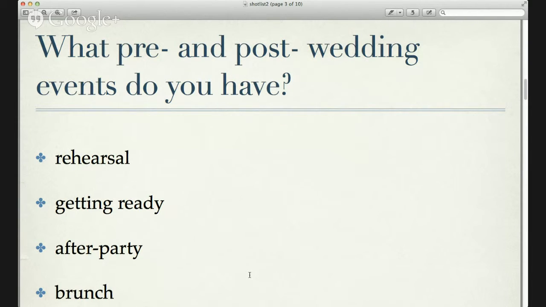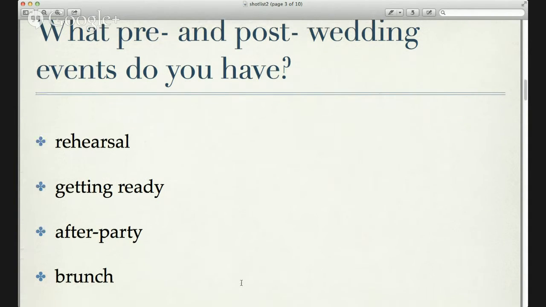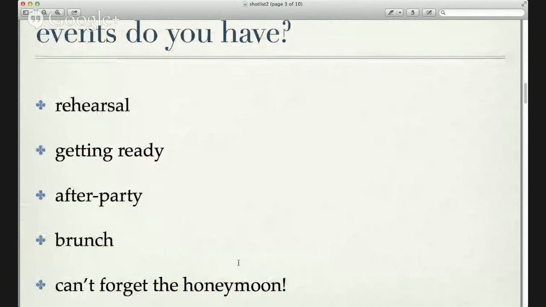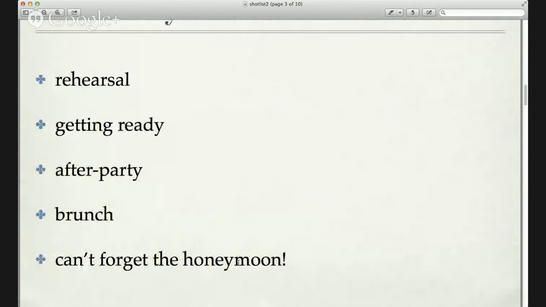A lot of times there's an after party, or if it was my wedding, the reception just went till 1 in the morning. There was a morning after brunch. So what events do you have going on that weekend that you would want to include in your shot list? And of course, the honeymoon itself. Think about what events you have that all the guests are coming in for, and make sure you include those in the shot list.